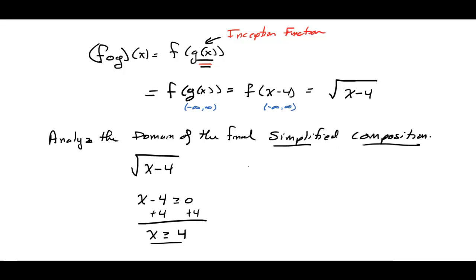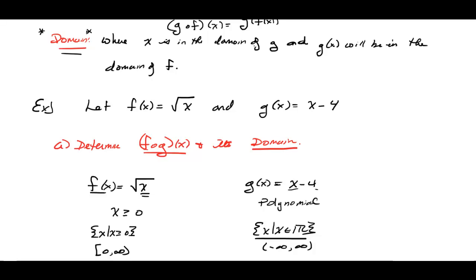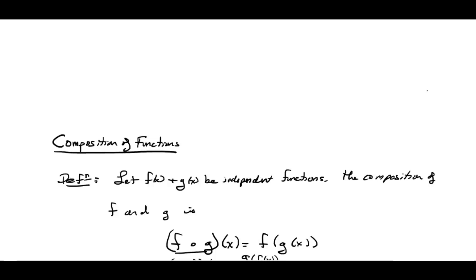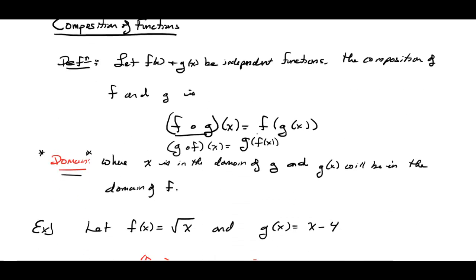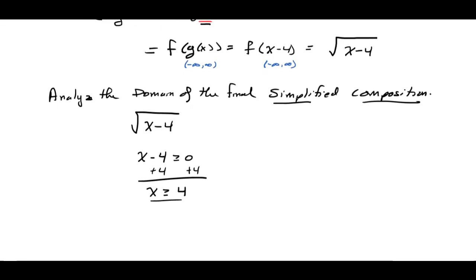So now, when we talked about earlier, where x is in the domain of g, and g of x is in the domain of f, what that really means is intersect the inception function's domain.